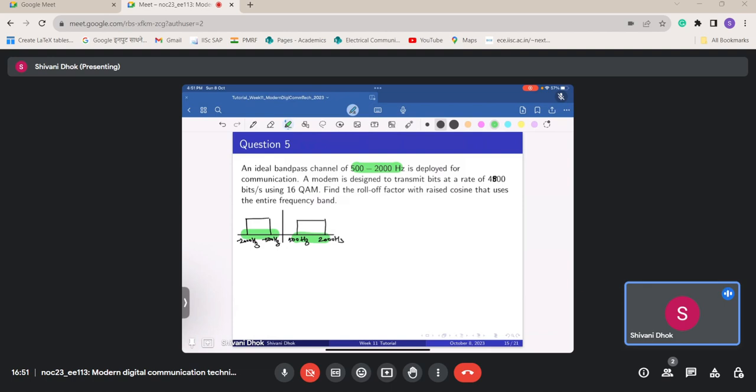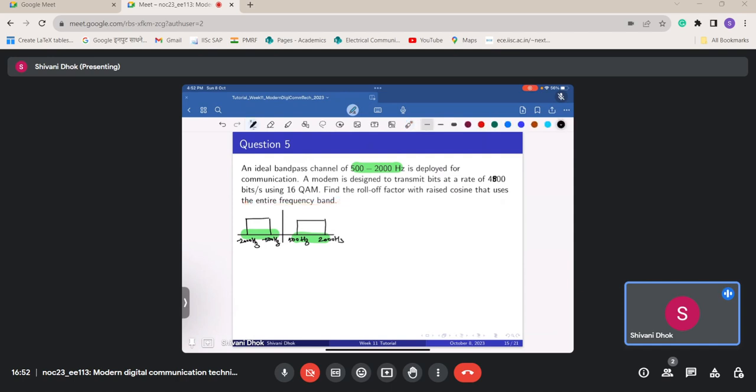It's deployed for communication. A modem is designed to transmit bits at a rate of 4800 bits per second. So the bit rate is given to us, which is 4800 bits per second, and the constellation that is used is 16 QAM. What we need to do is find the roll-off factor with raised cosine that uses the entire frequency.